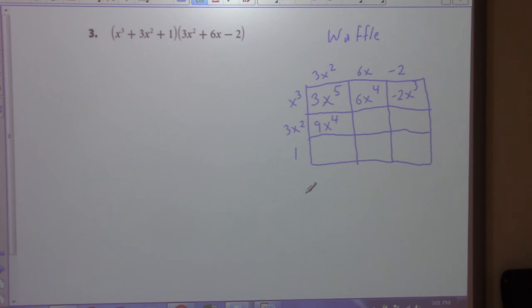Bryce, 6x to the fourth, you sure about that? No, 9x to the fourth, my bad. And then 12x to the third. No, 18x to the third. And then negative 6x to the second, or squared. Okay. And then 3x squared, 6x, and negative 2.